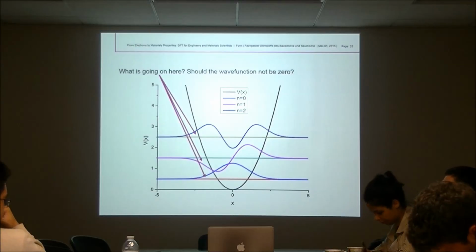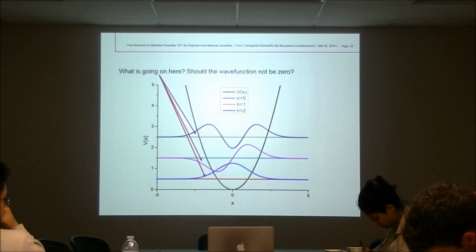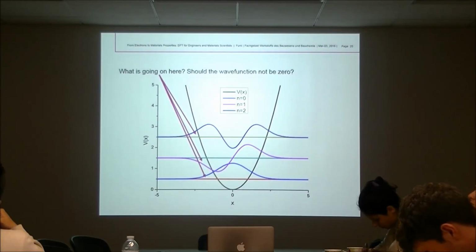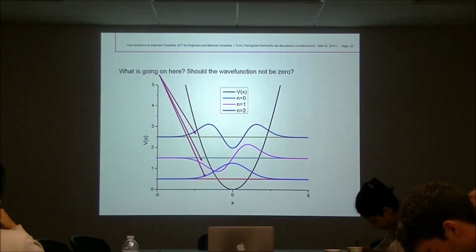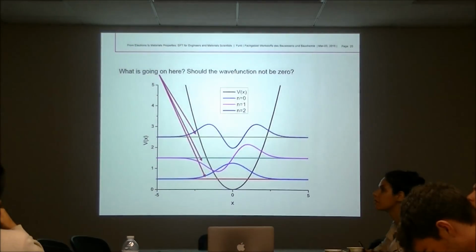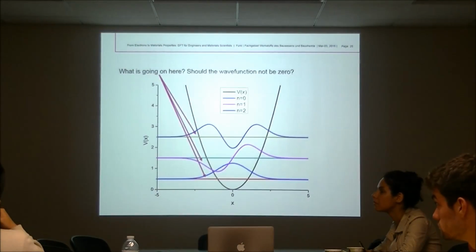There have been lots of discussions in the early school of quantum mechanics about what this means, really. And they believed that this is the price that we are paying for not being able to really understand the quantum world.